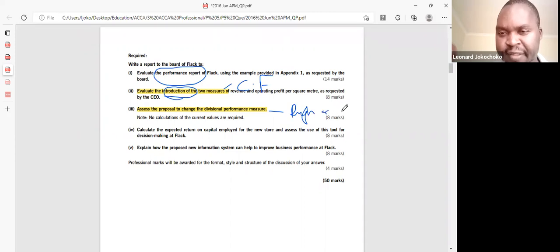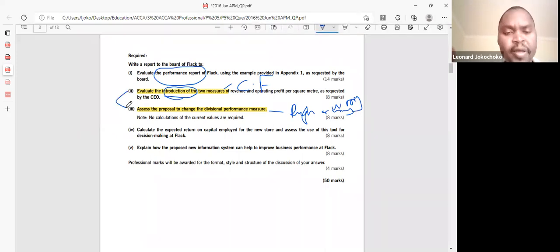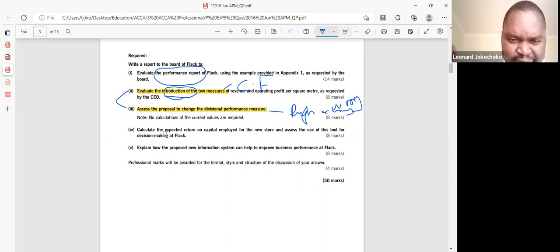So you are saying if you're going to introduce new measures, if you're going to remove old measures, is this good or is this bad? Again, this is an extension of the question based on what we saw earlier on. So the question papers are exactly the same. In this next question, they ask you to calculate the return on capital employed. This is technically the same question we just answered.